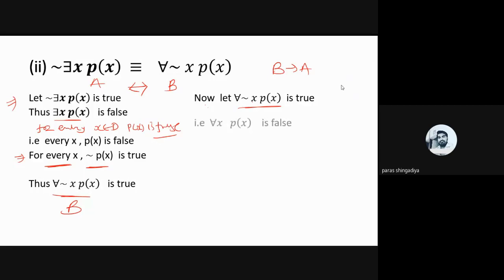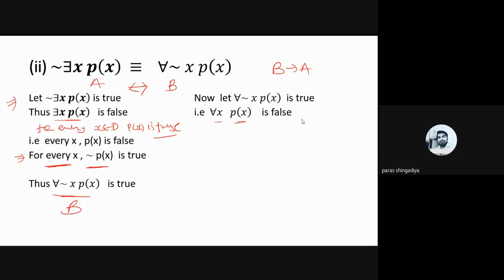What is the meaning of that? If negation P(x) is true, then P(x) will be false. So we can write this argument: if for every x negation P(x) is true, therefore for every x P(x) is false.